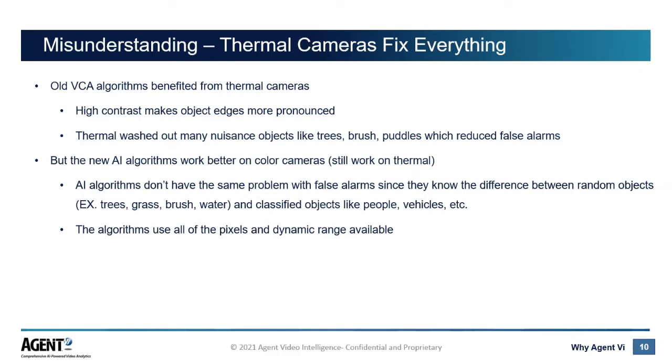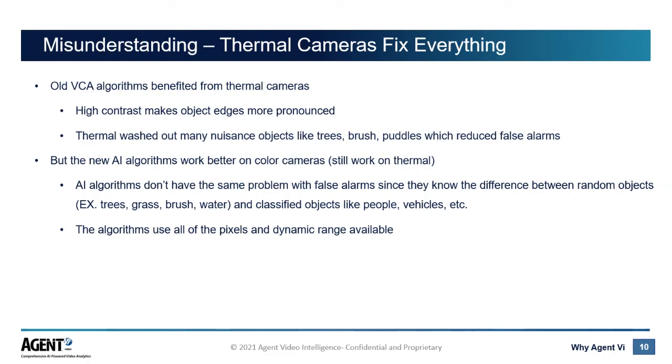VCA likes the contrast that you get from thermal cameras because VCA was all about looking for motion and groups of pixels moving and then trying to infer from that, well, what do we think this group of pixels is? And since thermal cameras give very high contrast, that helped those algorithms a lot.